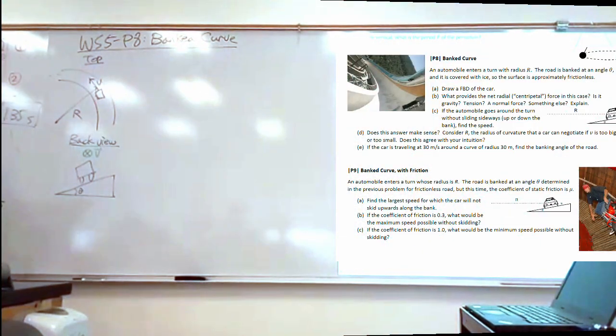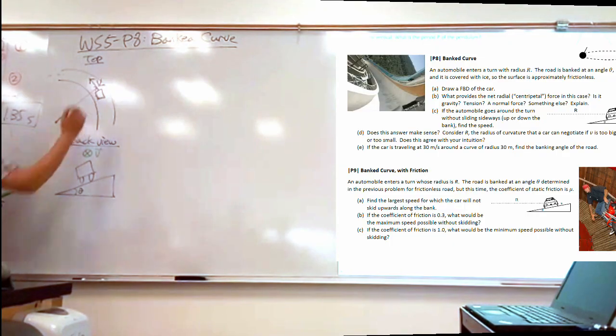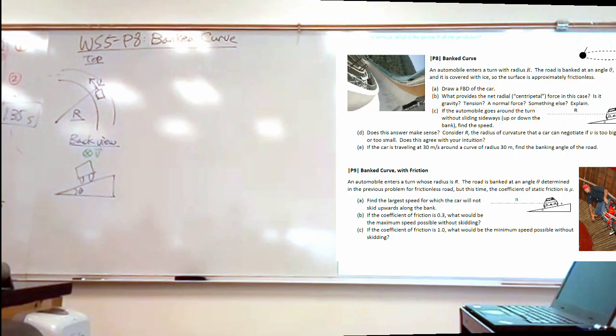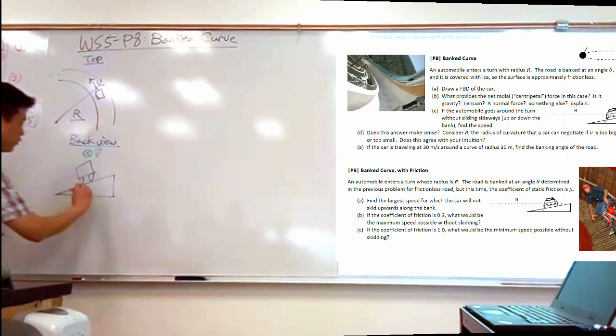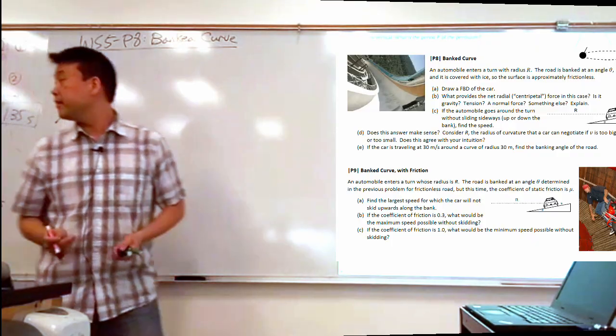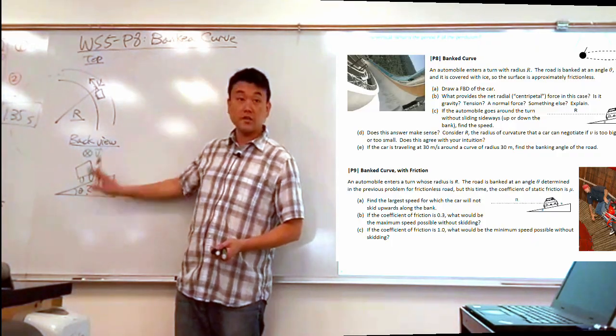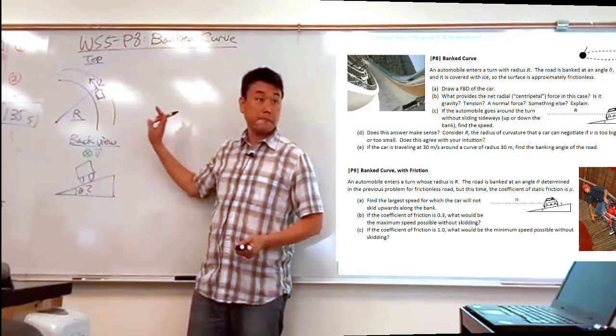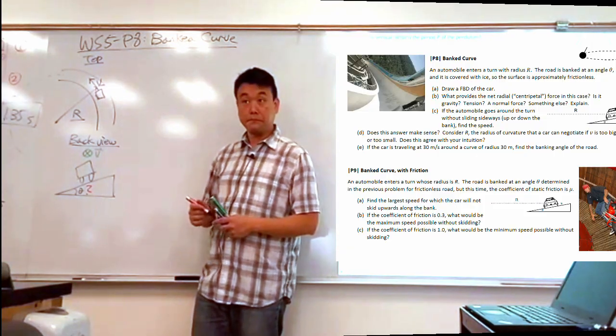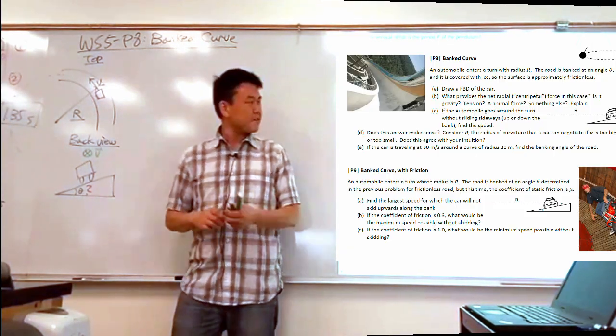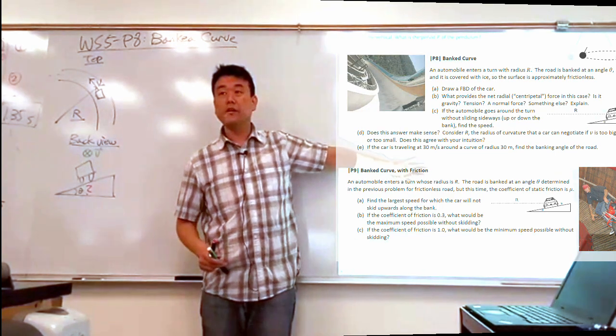You are specifying the radius of curvature and the velocity of the car, and the question is asking what the angle should be that the road is banked at so that the car doesn't slide down or up.